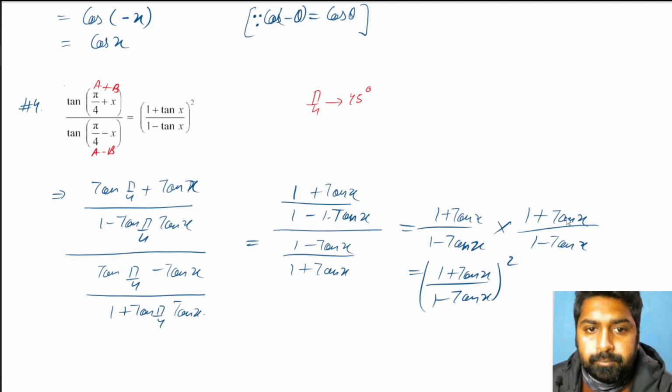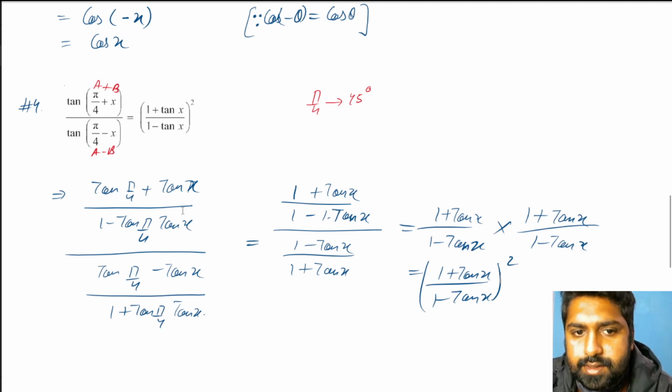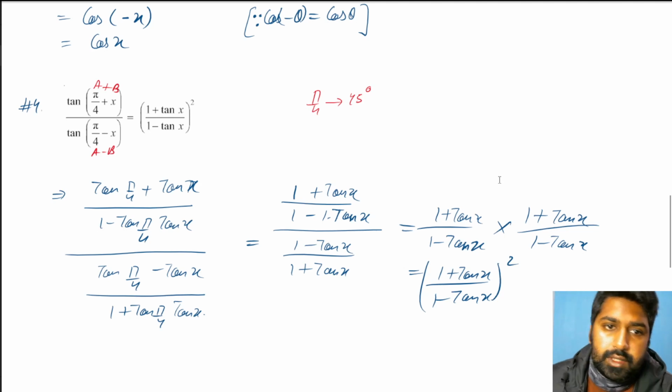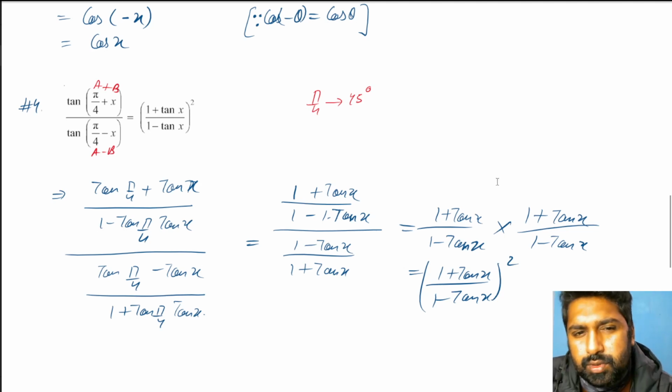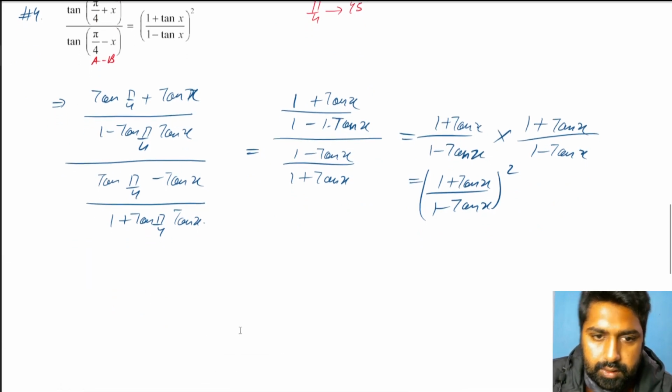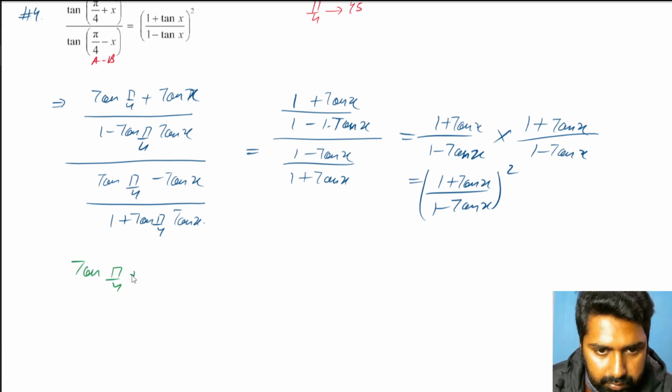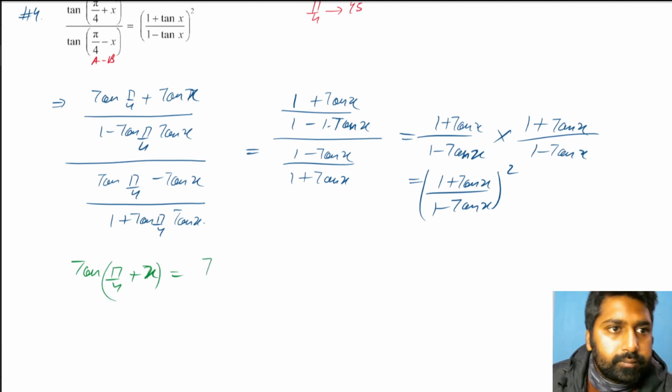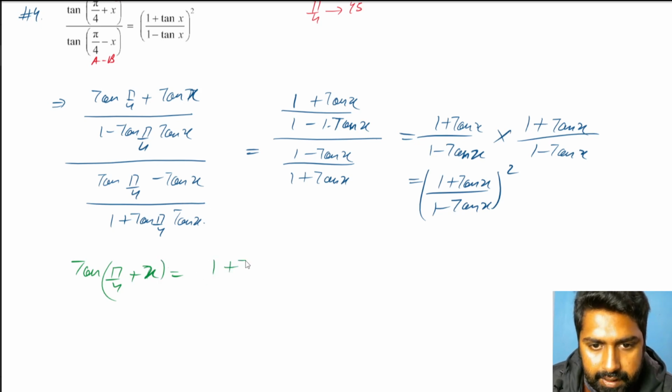Okay. This particular expression, 1 plus tan x upon 1 minus tan x. Now as such the question was not difficult, all it required was expansion, but there is something important that I want you to remember for future references, wherever it will be used. Tan pi by 4 plus x is 1 plus tan x upon 1 minus tan x.